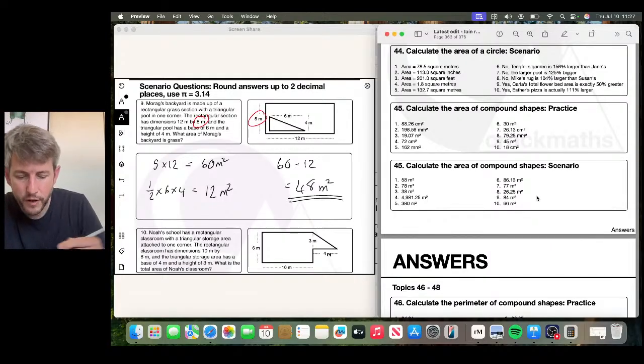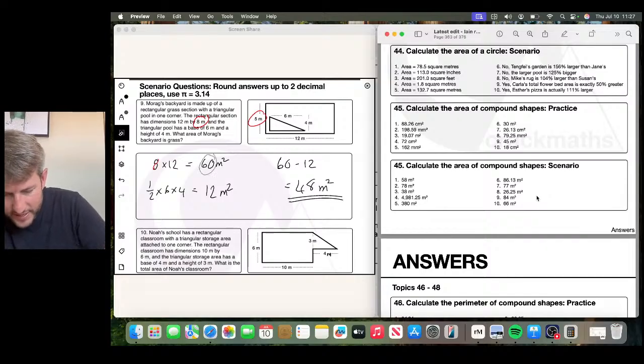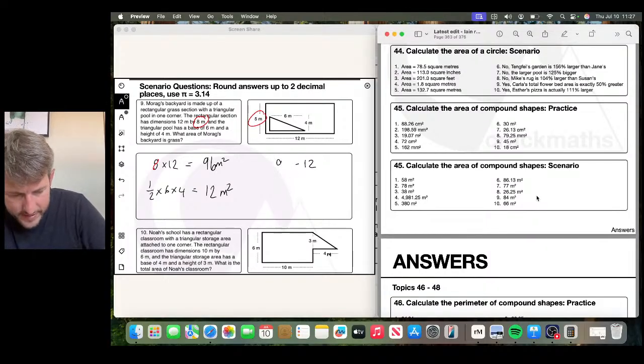That's an 8, that's a 5. Okay, so again, let me change my working out. So 8 times 12 is 96. 96 take away 12 is 84. Yeah.